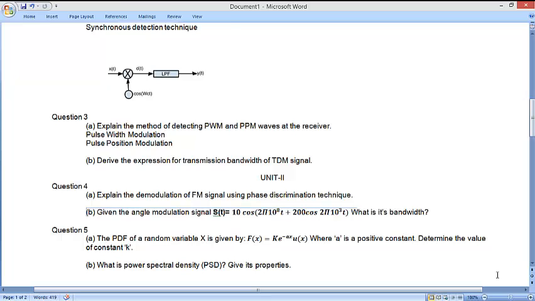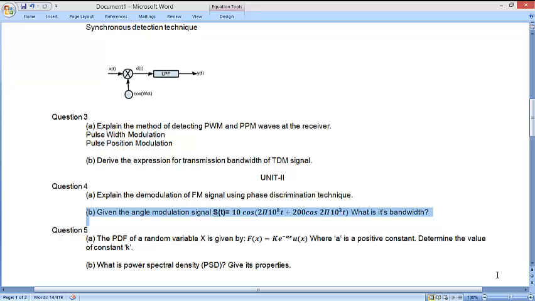Next part is: given the angle modulated signal s(t) = 10 cos(2π·10^8 t + 200 cos 2π·10^3 t), you have to calculate the bandwidth of the signal. For that, first of all you need to find the general expression for the angle modulated signal, and compare it with the expression that has been given.